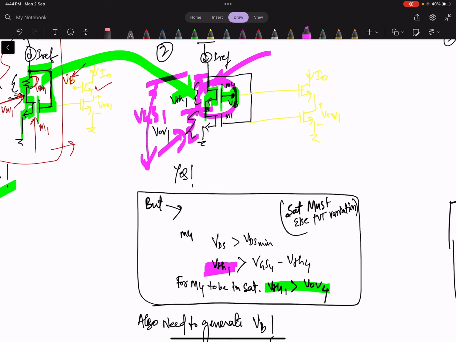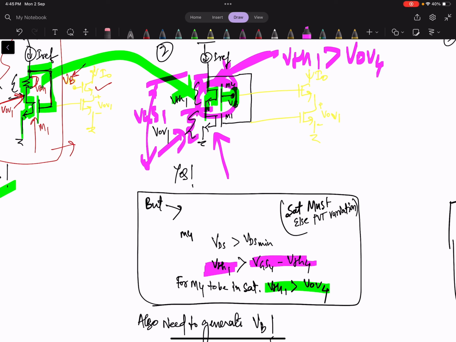The overdrive of M4 is VGS minus VTH. So from here we can see the condition, and while designing we should keep in mind that for M4, VTH of 1, that is the M1 device, should be greater than the overdrive voltage of 4.